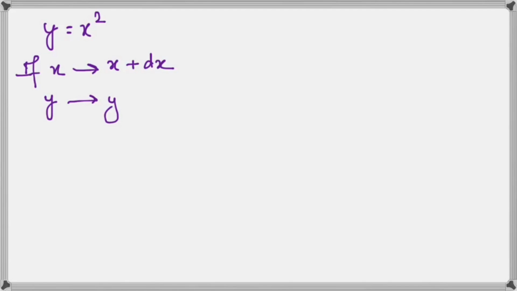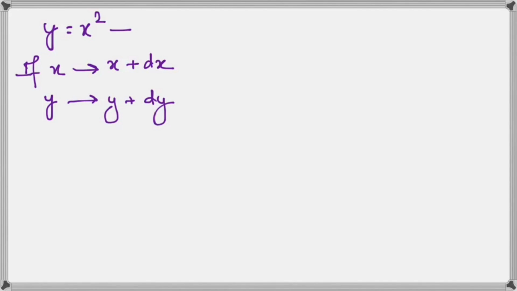We have y equals x squared, and we use the same logic. If x changes to x plus change in x, then y changes to y plus change in y.